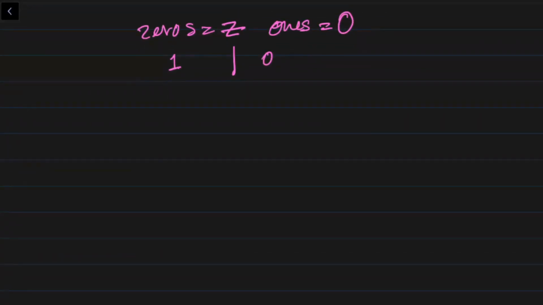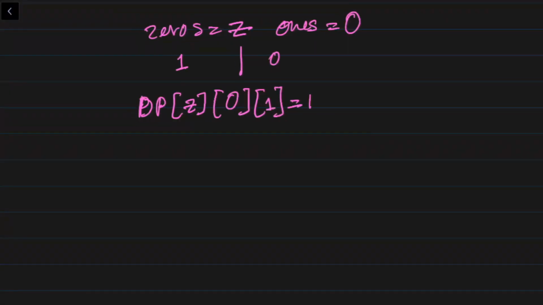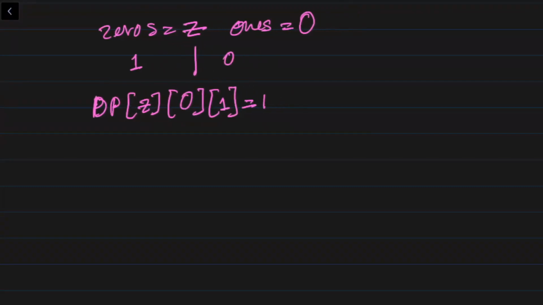If the binary string ends with 1, we have z zeros and o ones, so the last index is 1.